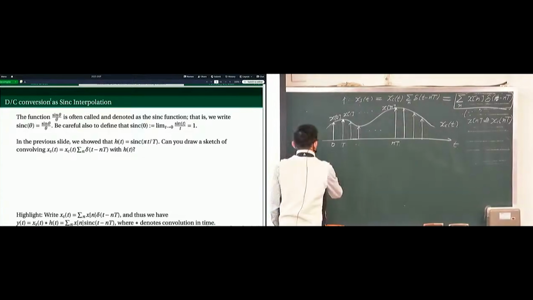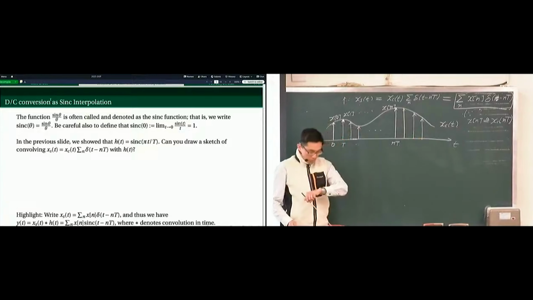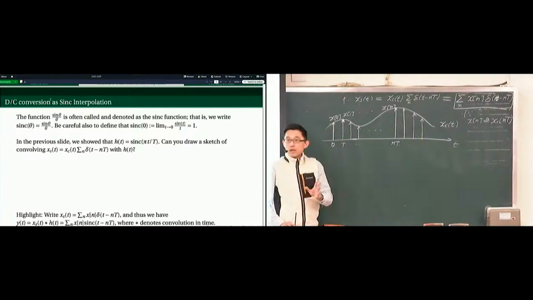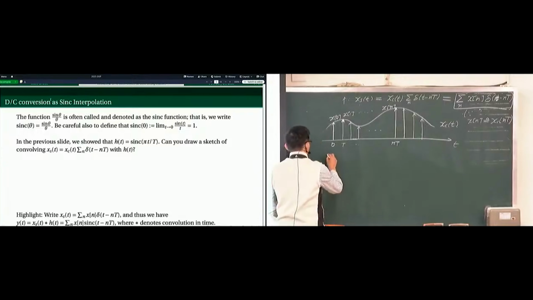So now we can finally consider using this expression, and we are going to substitute that into convolution. Now we are going to study what will happen when we convolve. Let's call the result x reconstruction, because that's our purpose.